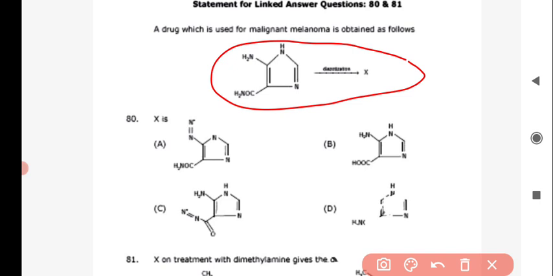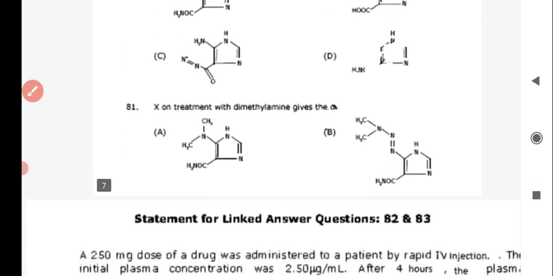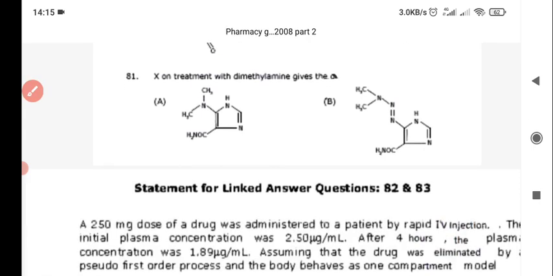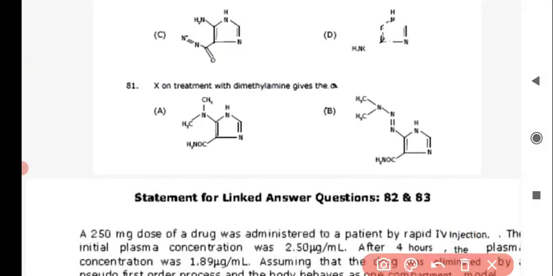Now we have to find the X. Question is, X is, and the correct answer is option A. Then in the next question, X on treatment with dimethylamine gives the, and the correct answer is option B. The structure is here.